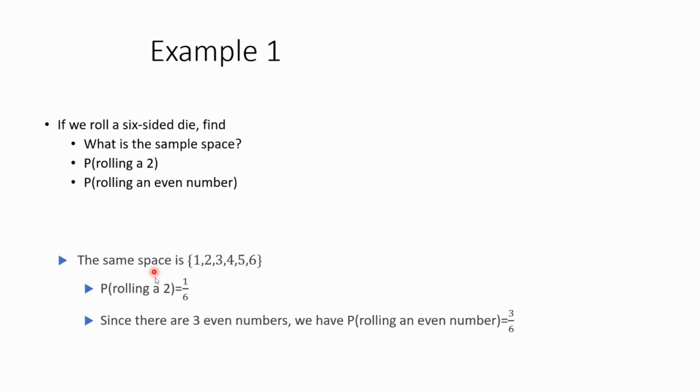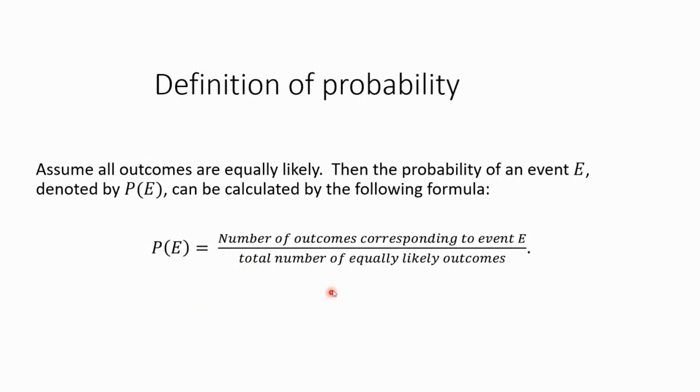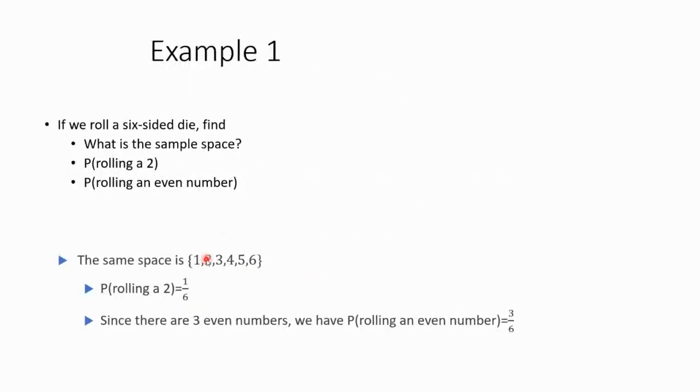What about rolling an even number? What about that probability? Again, there are 6 outcomes altogether in the experiment, that is the total number of equally likely outcomes. How many outcomes correspond to rolling an even number?